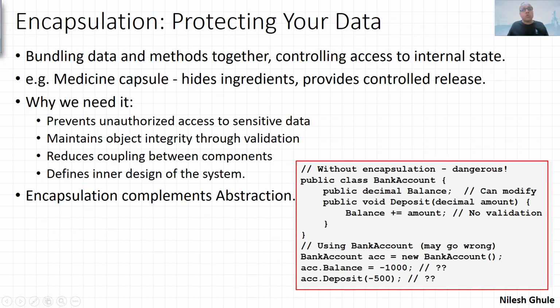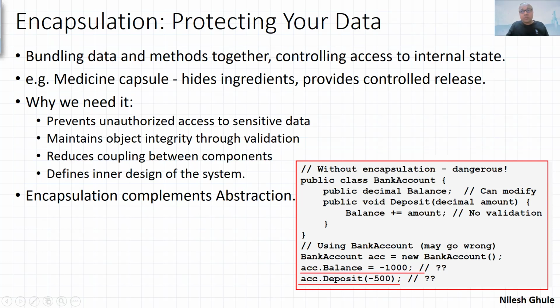Now, what might go wrong when someone is using your class? When I say someone, I'm talking about your teammate or your colleague who is using your class. Don't you think that since he has access to your account balance, he might by mistake set the balance entirely wrong? Having a minus 1000 balance is absolute nonsense. Or someone trying to deposit an amount, let's say minus 500, which is totally nonsense.